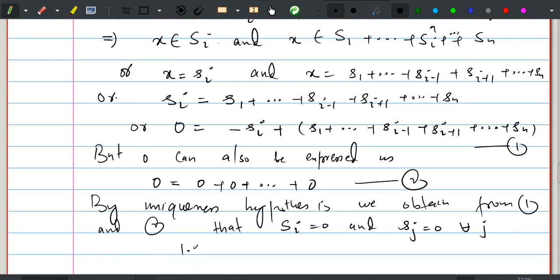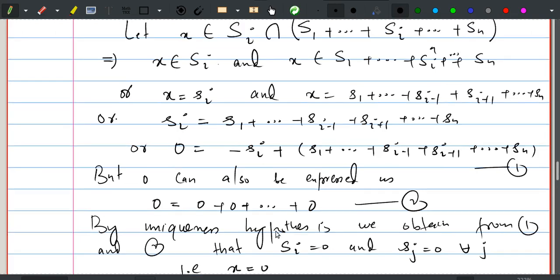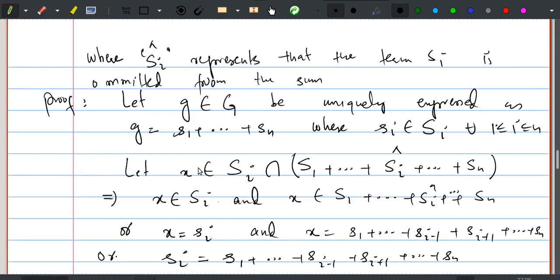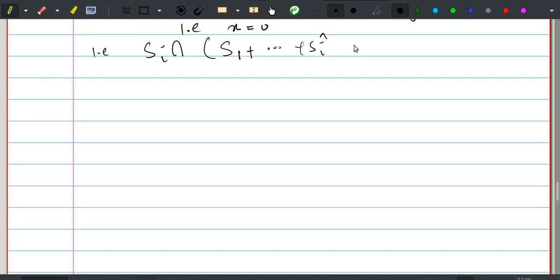That is, x is 0. So this implies this x is 0. This means that this intersection is a singleton and contains only one element, i.e., Si intersection with the sum of all the other Sj's, S1 plus so on plus Si cap plus so on plus Sn, is a singleton.